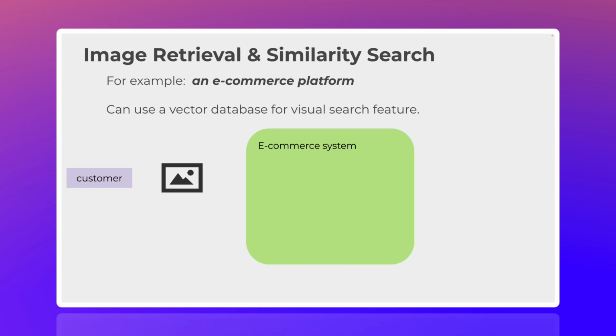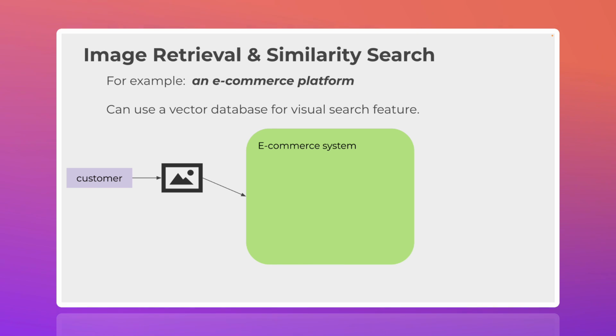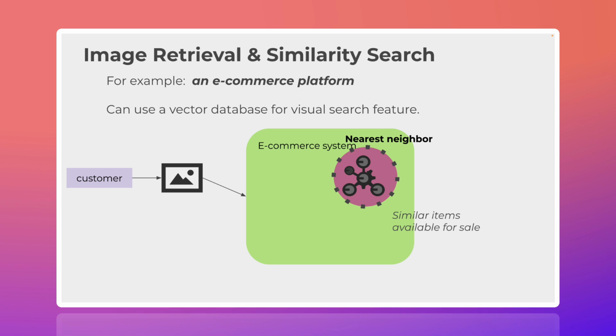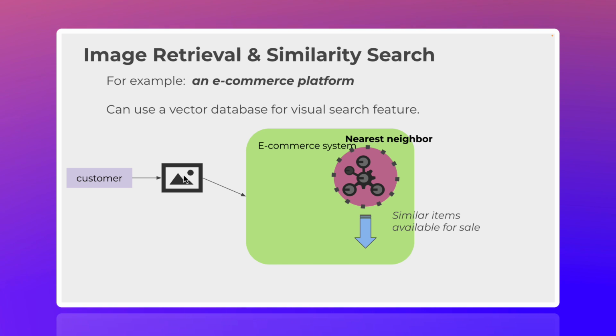That would be sent to our e-commerce system, and of course, this would use the nearest neighbor algorithm to find similar items available for sale, determined by what the customer had uploaded.